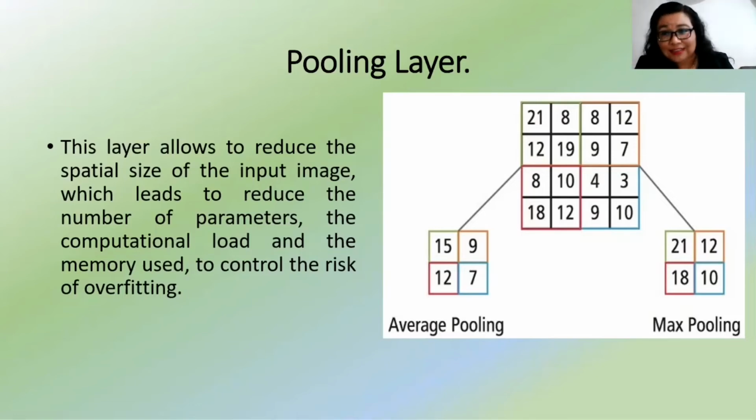However, a characteristic of this layer is that it does not have weights, since it only performs a subsampling operation. The most popular pooling layers are max pooling and average pooling. The way in which the pooling layer operates is shown in this figure.